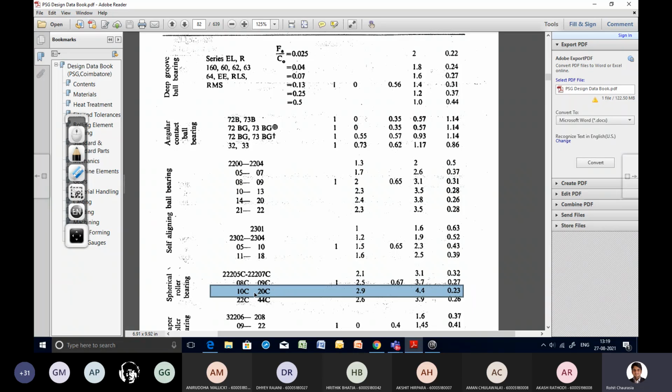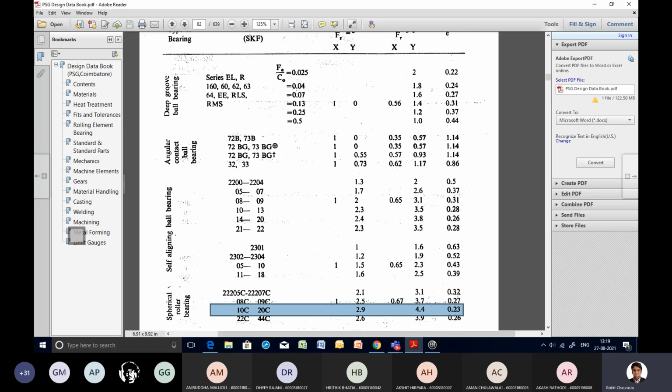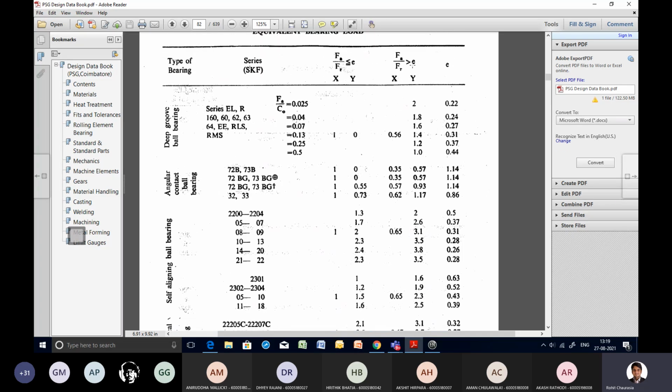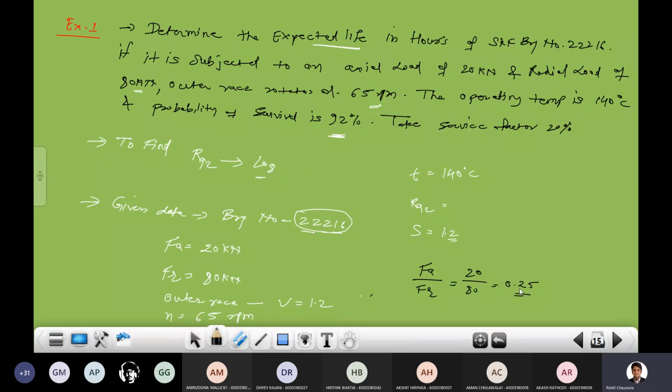So 222 to 16 will lie between this 10 to 20. Now if I look here, the value of e is 0.23, and our ratio value is 0.25. So we will check whether the value of e is less than FA upon FR. Our FA upon FR is nothing but 0.25, which we just calculated.